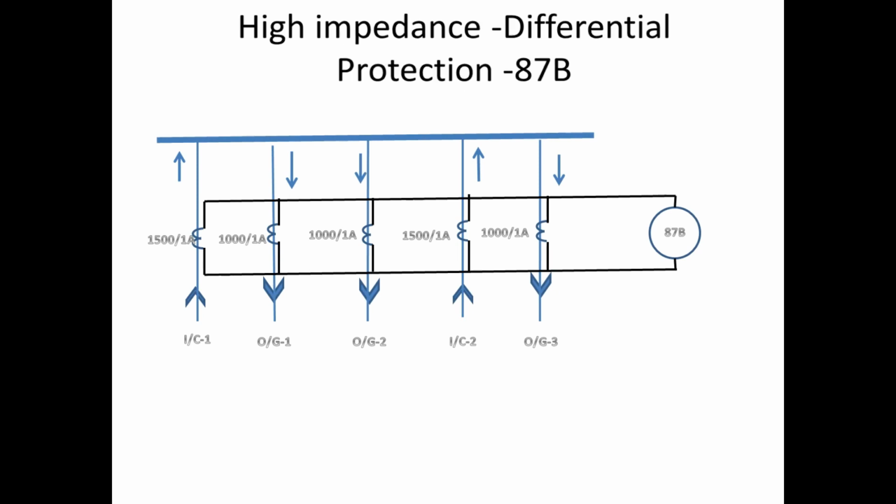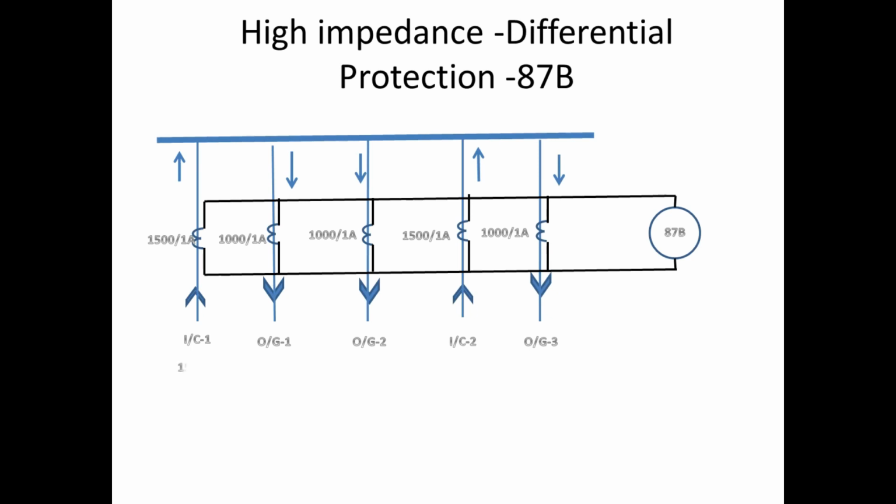Let me see. Let us assume two incomer load is 1500 amps each and all three outgoing taking 1000 amp each. So according to the CT ratio, all CT will produce 1 amp in secondary.